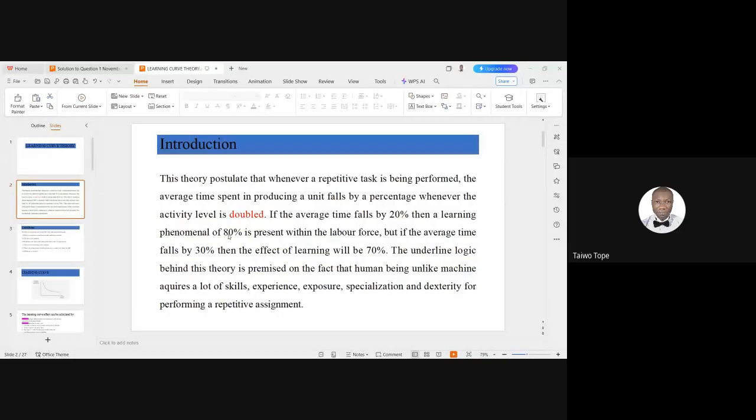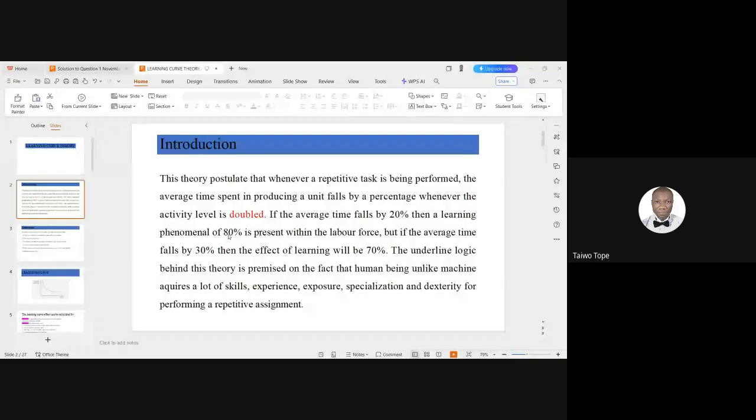It means it will always be from 1 to 2, 2 to 4, 4 to 8, 8 to 16, 16 to 32, in that order. But where you have as part of your output, you have 3.